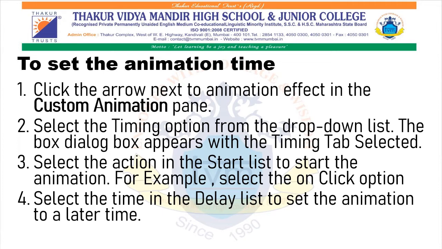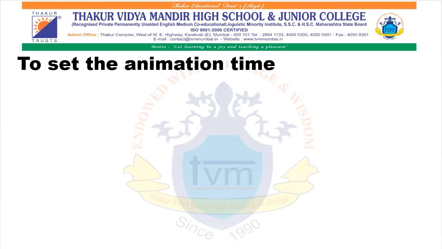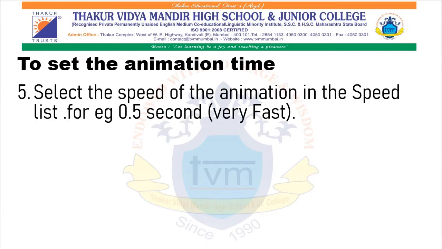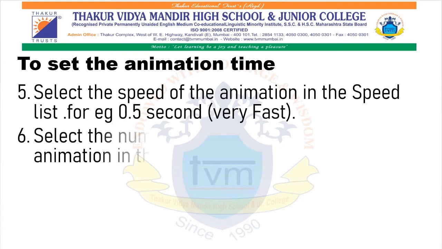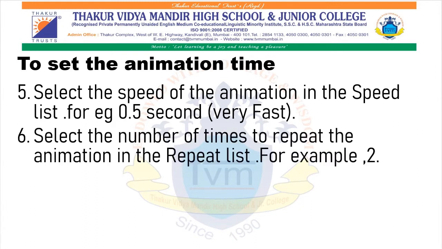Next is the fifth point, select the speed of the animation in the speed list. For example, 0.5 second, which is very fast. Speed means how fast the animation will appear or exit from the screen. Sixth is select the number of times to repeat the animation in the repeat list. For example, 2.